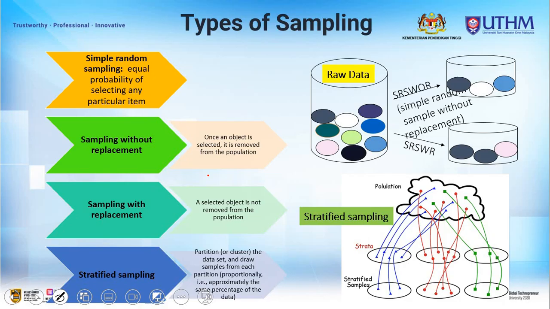And lastly we have stratified sampling, where we divide the population into distinct subgroups, strata, and then sample from each stratum proportionally. So it ensures that the important subgroups are adequately represented in the sample. So we don't miss out the significant samples from the population for the analysis part.